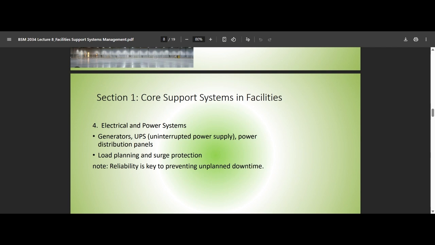Because if certain machineries or furnaces which use electricity work, the electricity requirement for that furnace is far higher, and therefore you need to manage your electricity load.